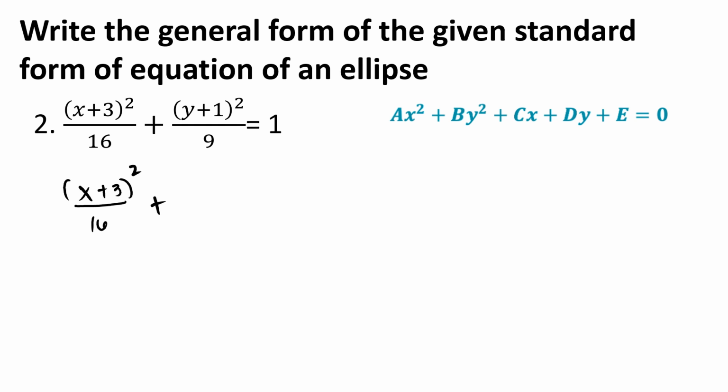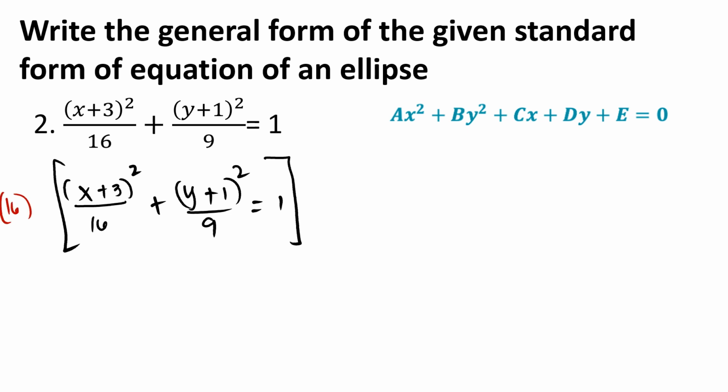We will be rewriting them first, and then we will be using the 16 and 9 as our multiplier on both sides.